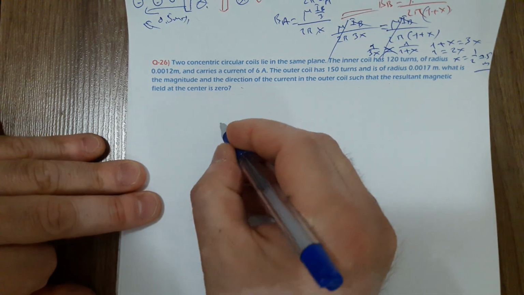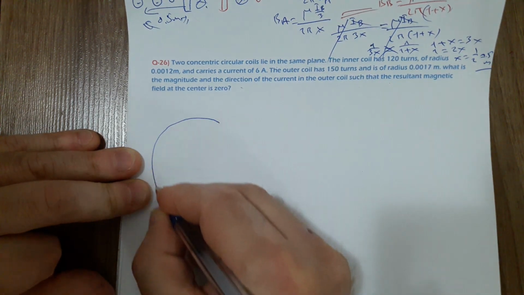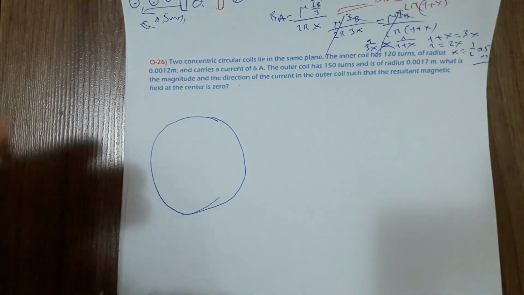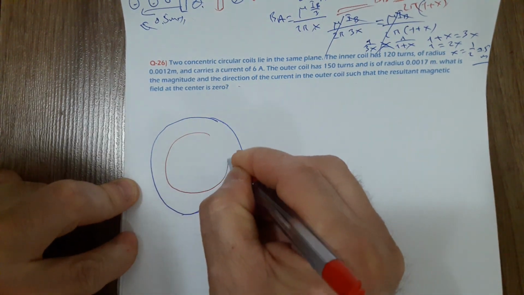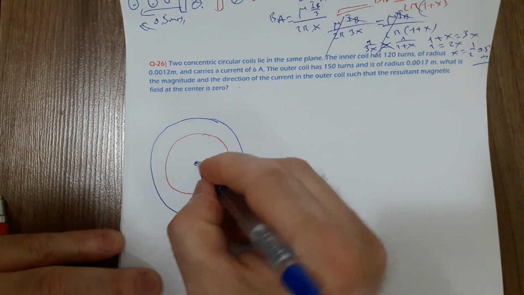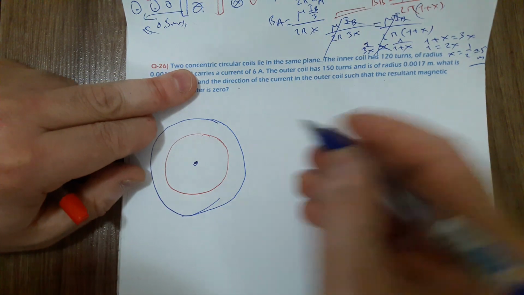We have two concentric coils, which means they have the same center. One coil is this, the second coil is that. This is the center, they have a common center. Concentric means common center. The inner coil has 120 turns.